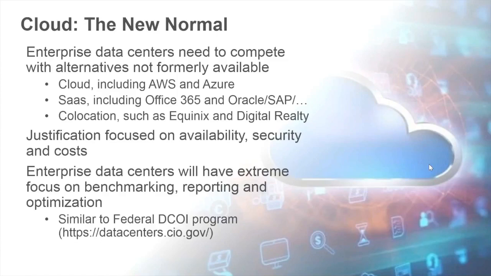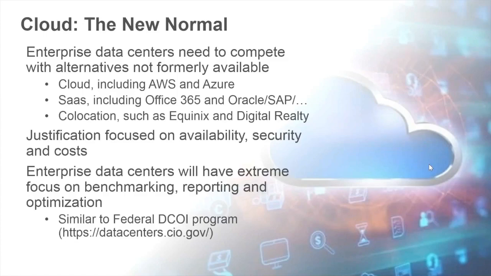So when we look at this, and we mentioned before that enterprise data centers need to compete with alternatives, this is why, and these are some of the alternatives. But again, they are alternatives. And increasingly, enterprise data centers will be measured more carefully. They will be under greater scrutiny, which is not a bad thing, but they will be weighed against other options that organizations now have.